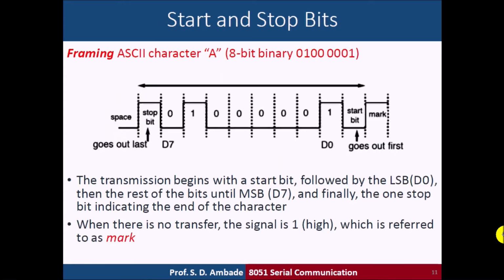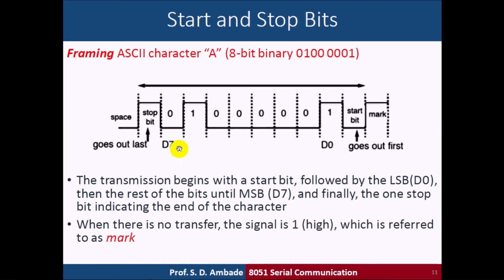So this is an example of a frame. In this example, the framing of ASCII character A, whose binary equivalent is 0 1 0 0 0 0 0 1. This is our data, D0 to D7.